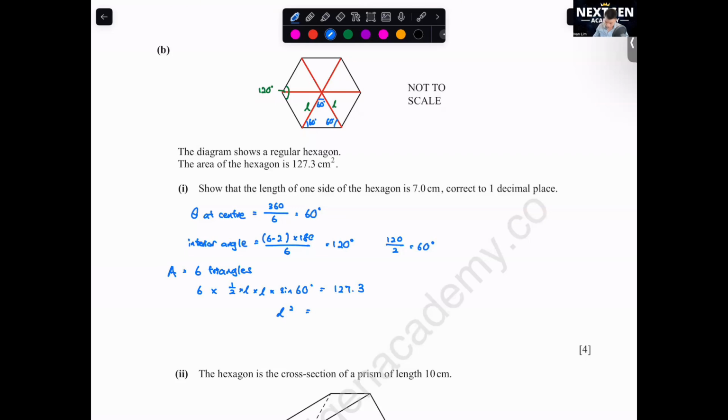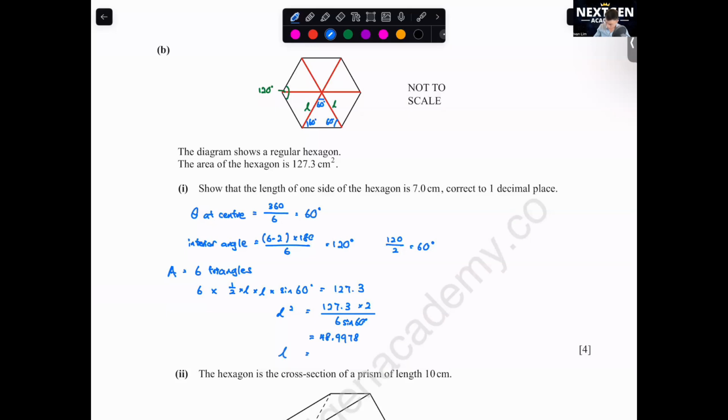These values are not so nice, so we just shift first. 127.3 times 2 divided by 6 sine 60 degrees. You will get 48.9978.